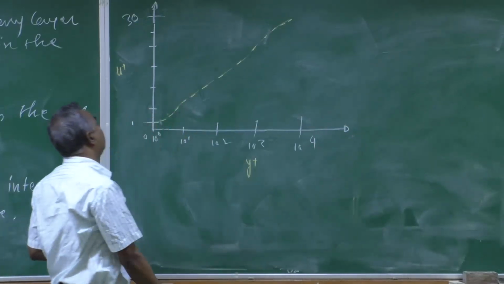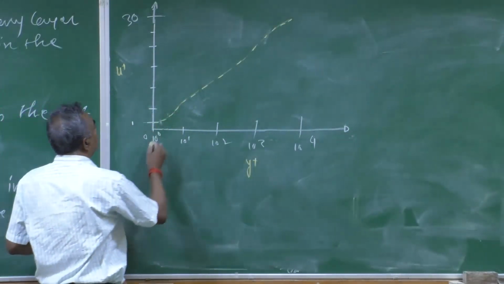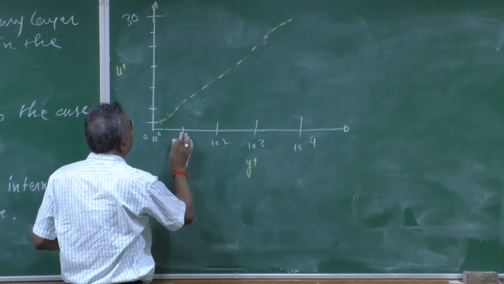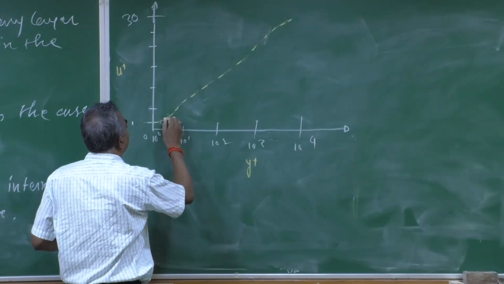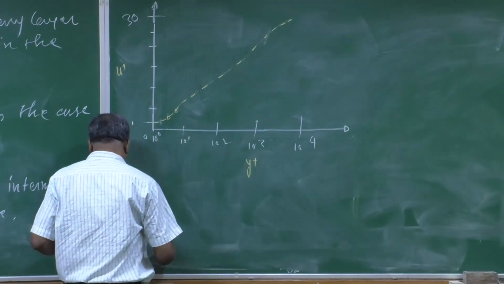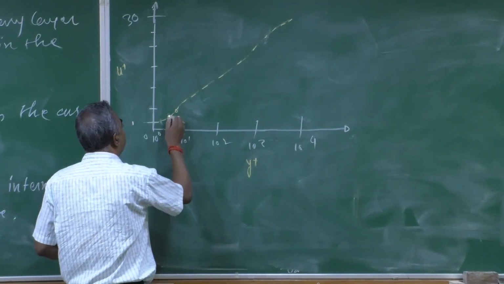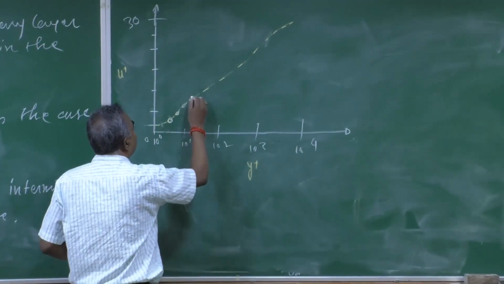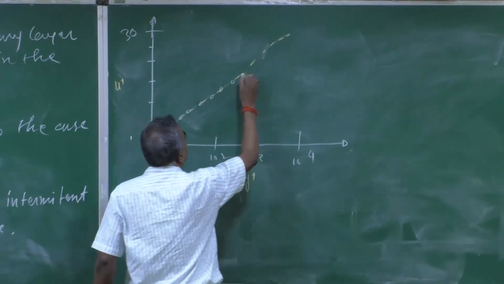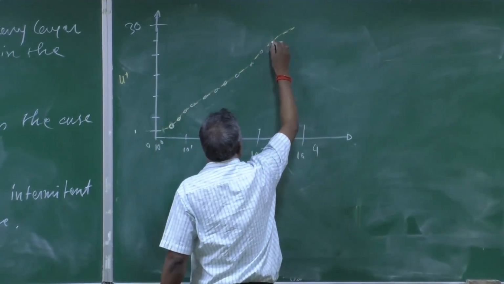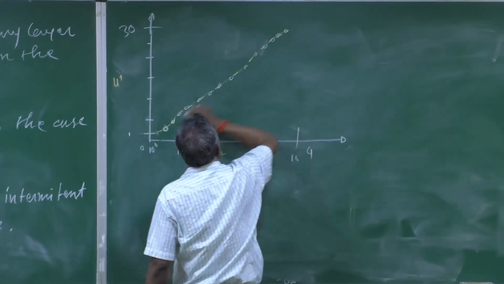Like this. Okay. And if you put your measured data, that also will sit something like that, then later on it deviates from this straight line.